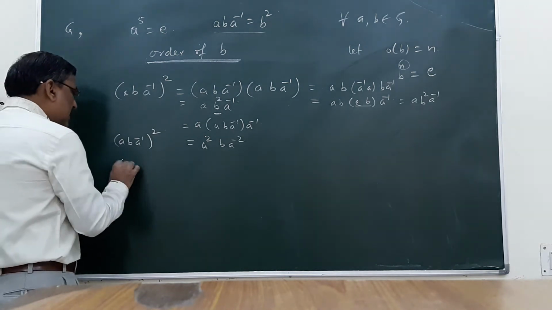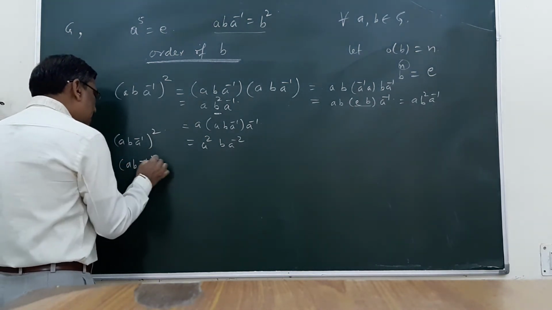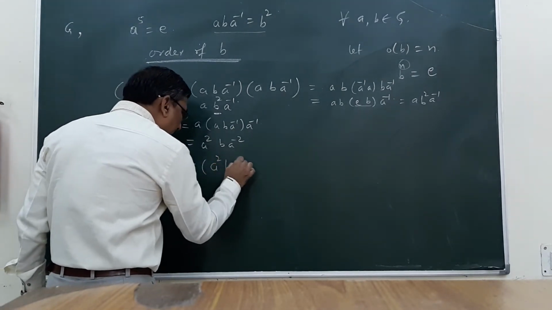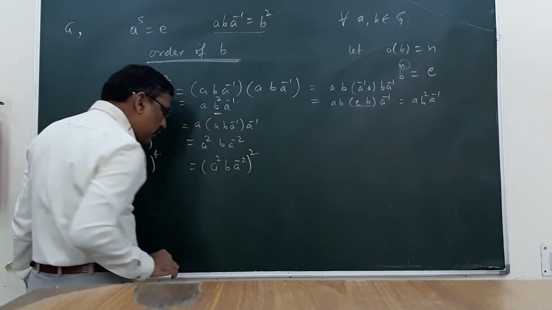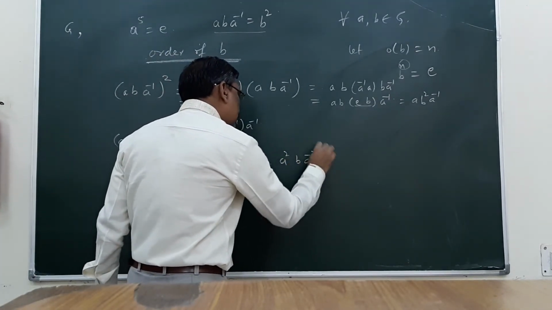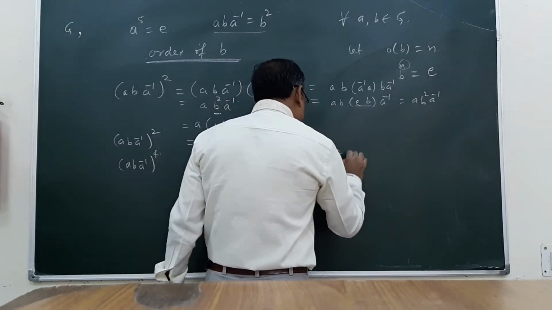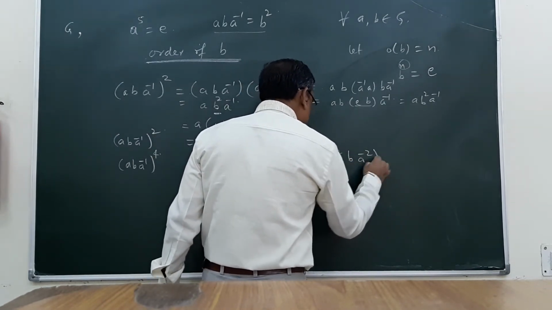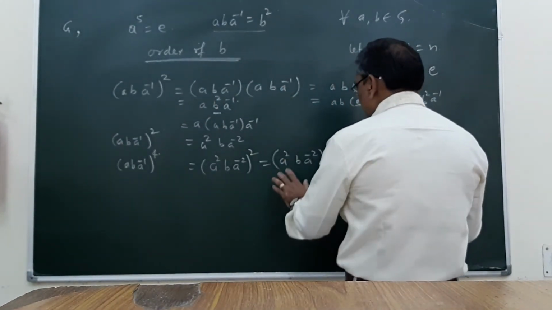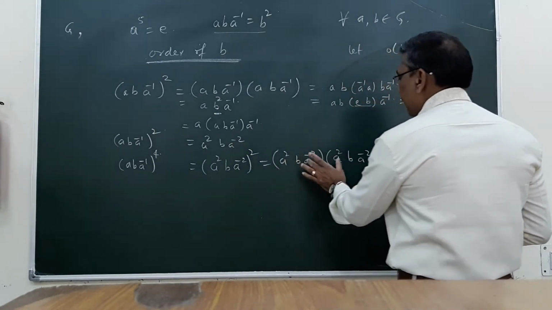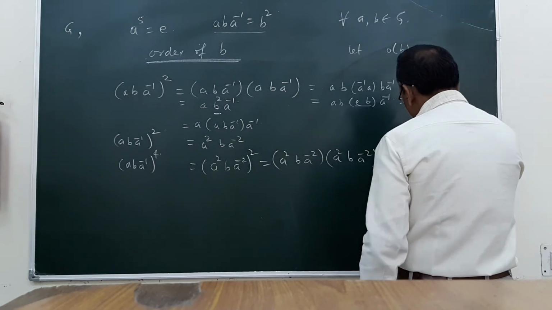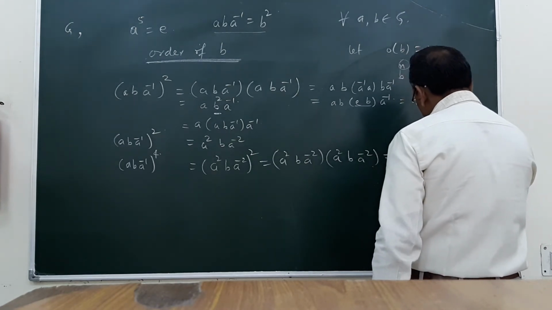Again squaring this, a square b a raised to the power minus 2, I can write a square b a raised to the power minus 2 and a square b a raised to the power minus 2. Straightforwardly I can write a square, and this will give us identity, so a square b square a raised to the power minus 2.